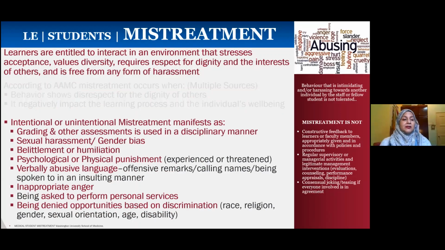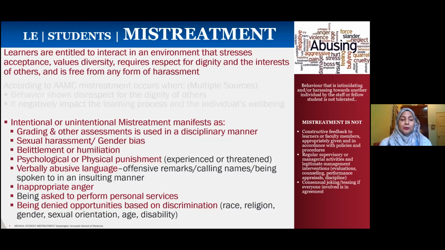Mistreatment manifests in several ways. Grading or other assessment used in a disciplinary manner is mistreatment. Sexual harassment or gender bias, belittlement or humiliation of a student, psychological or physical punishment, or even threatening the student with that, is mistreatment. Verbally abusive language, offensive remarks, calling names, being spoken of in an insulting manner are all mistreatment.